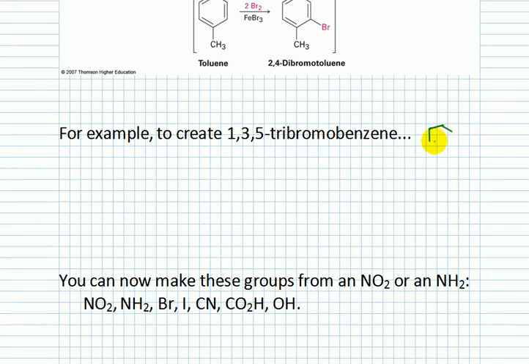1,3,5-tribromobenzene, it's not immediately clear how we would form that from just plain old benzene, but I know that if I had aniline, right, just plain old aniline tribrominates in the ortho and para positions like that.